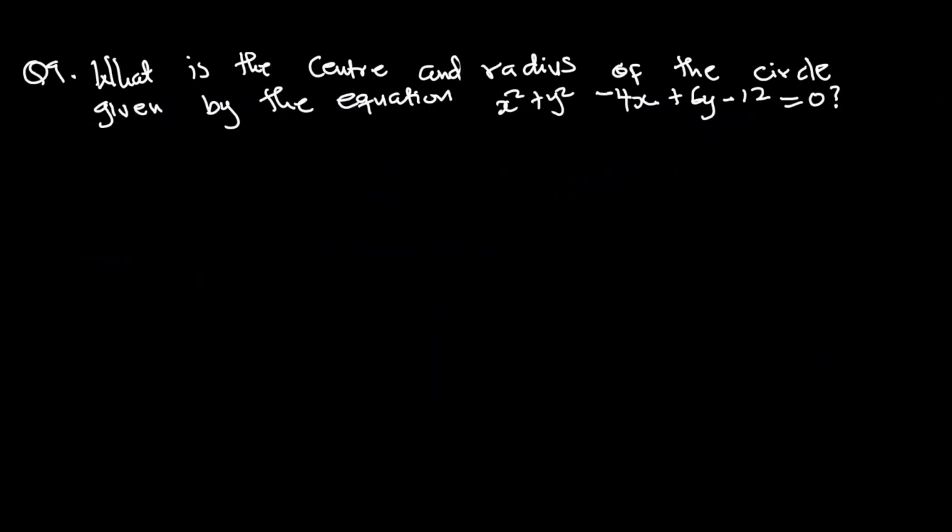Alright. So in question 9, it says, what is the center and radius of the circle given by the equation x squared plus y squared minus 4x plus 6y minus 12 equal to 0. Now in this question, we just have to remember that the general equation of a circle is given as x squared plus y squared plus 2jx plus 2fy plus c is equal to 0.